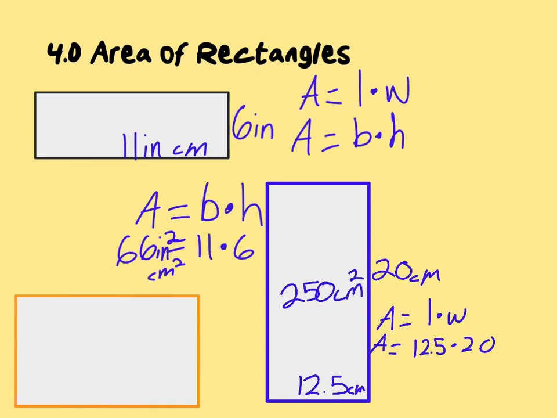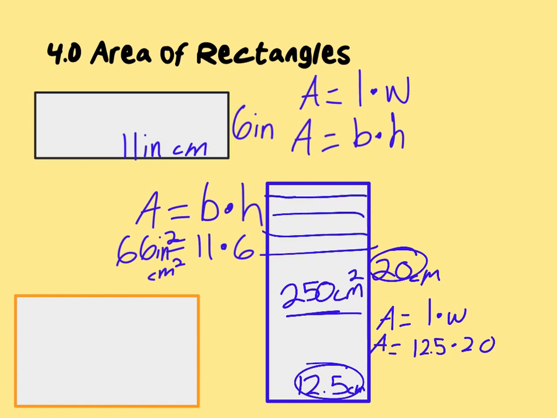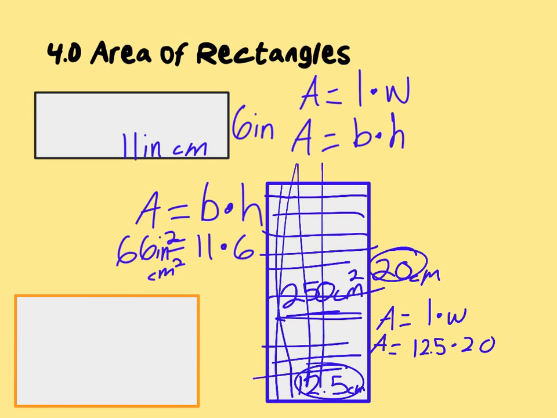And a lot of students have asked me, well, why is it squared? Why am I squaring it? Well, how many measurements did you multiply together to get this product right here? Well, I measured 1, 2. So there's 2 different things. And what it's saying is if these measurements were right, we would have 20 rows going this way. I'm not going to draw all of them, but just get the idea in your head. And we would have 12 and a half going this way.